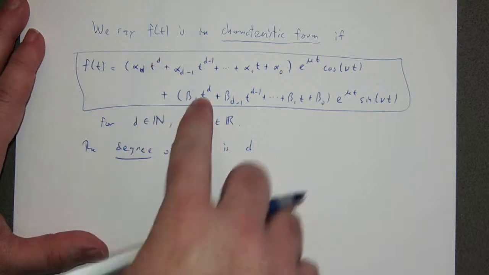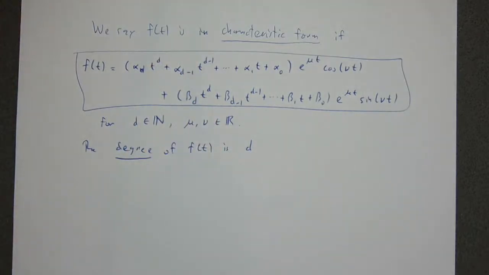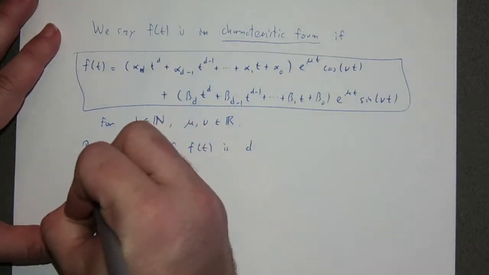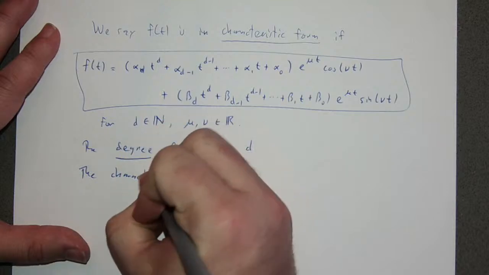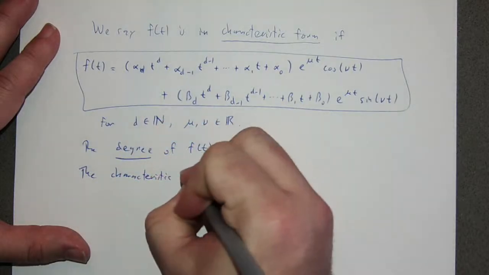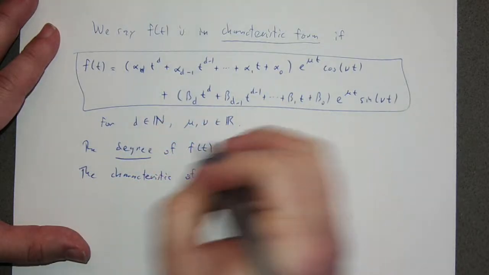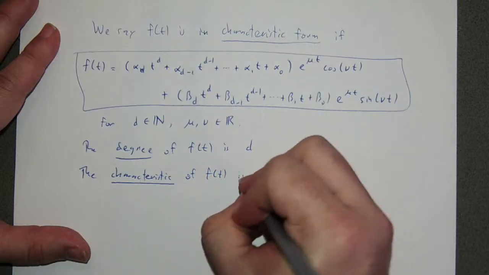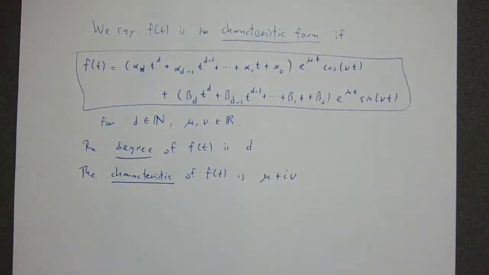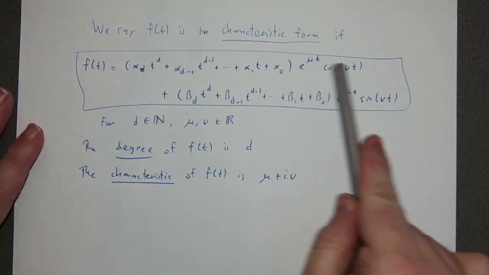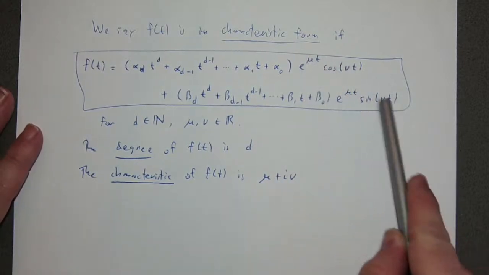This number, the degree of the polynomial showing up here. The other quantity I want to define is the characteristic of f of t, which is mu plus i nu. That's what we're going to write, where mu and nu are showing up here.